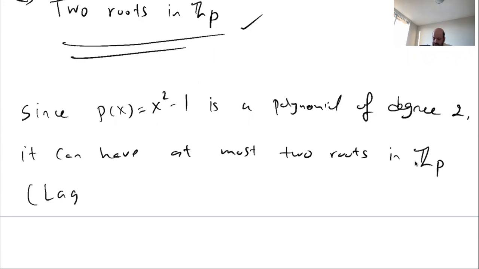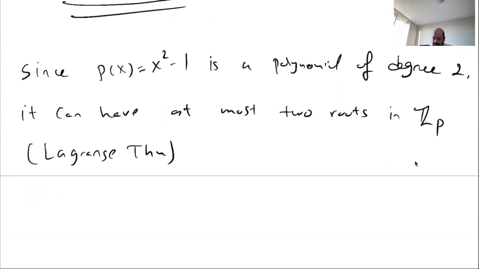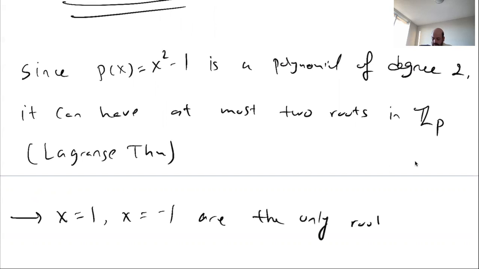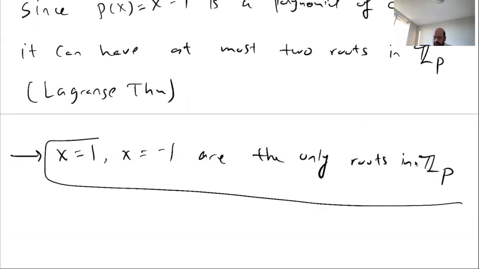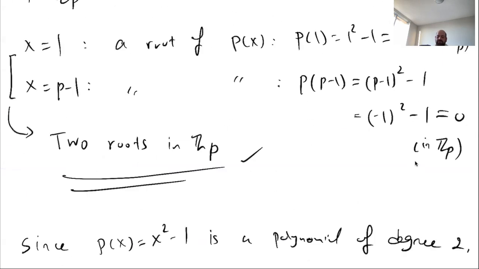This is Lagrange theorem. So that means x equals 1 and x equals -1 are the only roots in ZP. Which is same as what the question was asking.